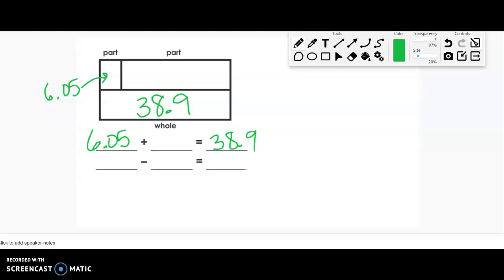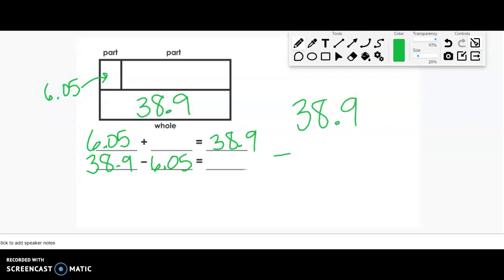Well, I know that if I do 38 and 9/10 minus the part I have, then I'll get my missing part. Because remember, part plus part equals whole. Whole minus one of the parts equals the other part. So I'm just going to subtract to figure it out.